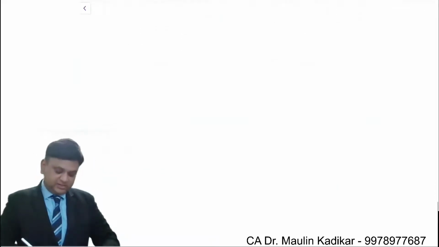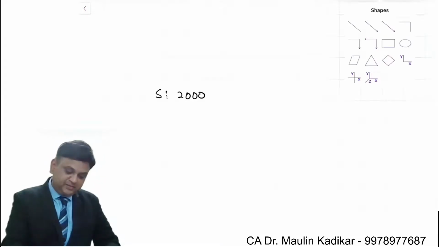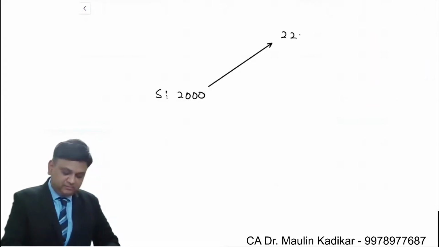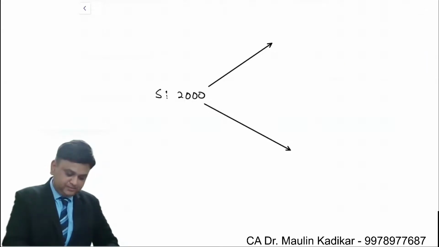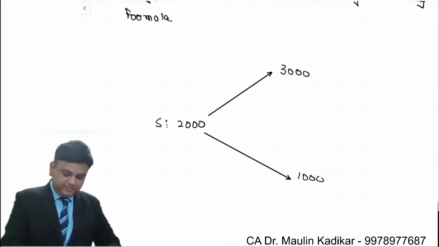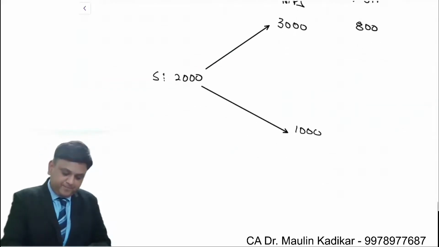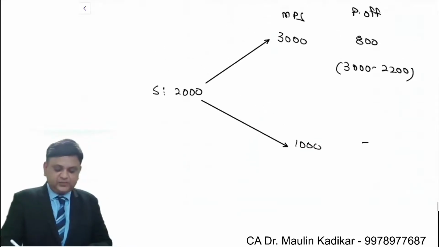So the formula which is used is like this. Spot price of the equity share is 2000. Price of the equity share may increase to rupees 3000. The price of the security may decrease to rupees 1000. This is the market price of the share. Payoff. In the first case, the payoff is 800. That is 3000 minus 2200. In the second case, payoff is 0.